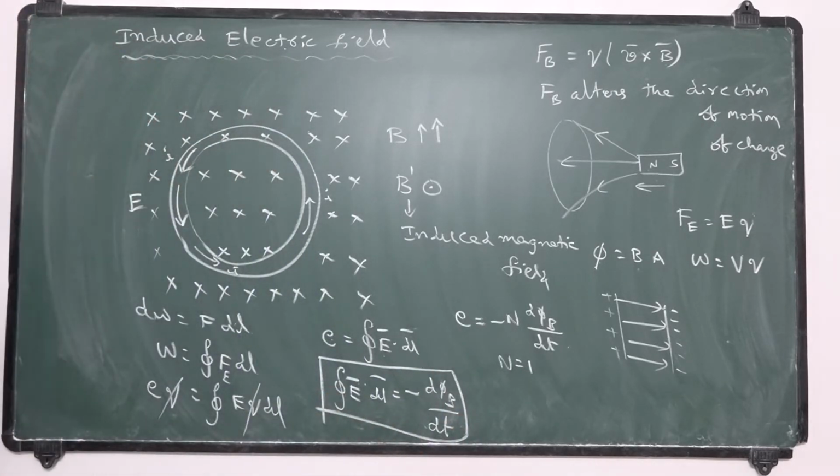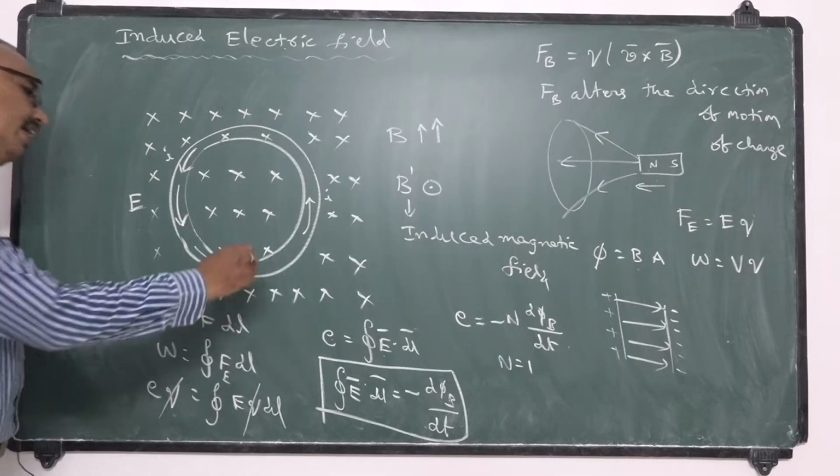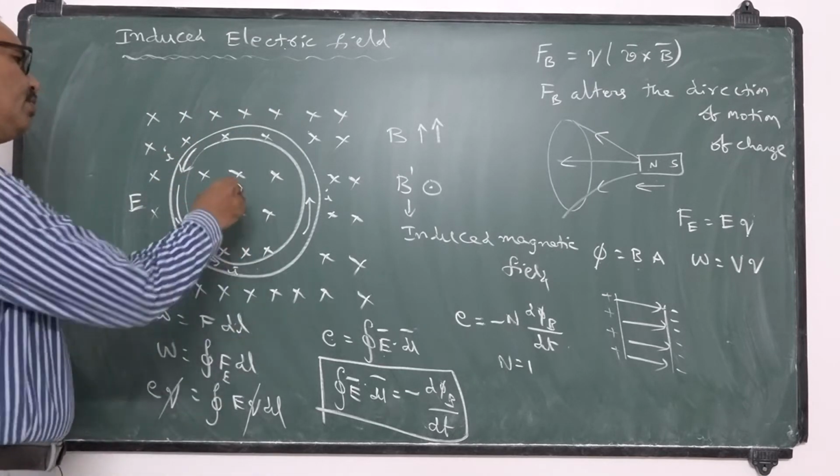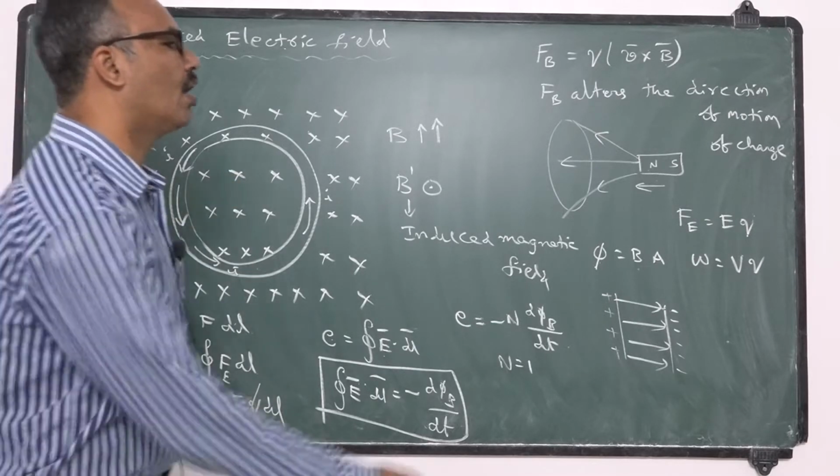Once again, I am repeating my discussion. There is a ring. It is associated with a magnetic field, either uniform or non-uniform.